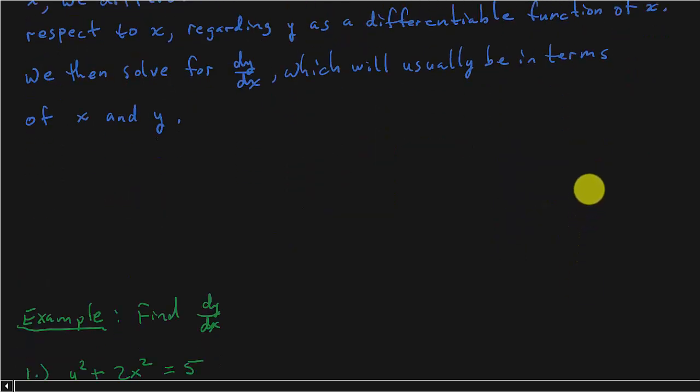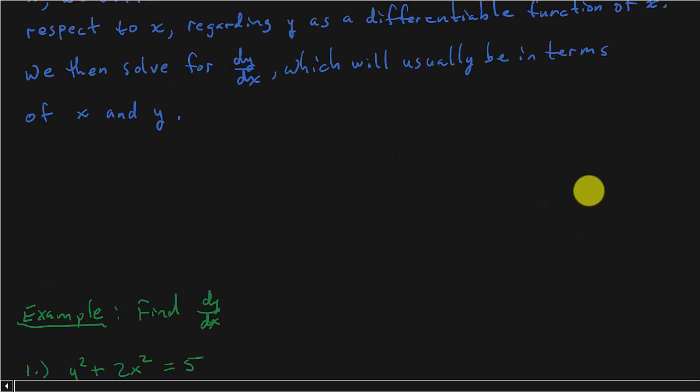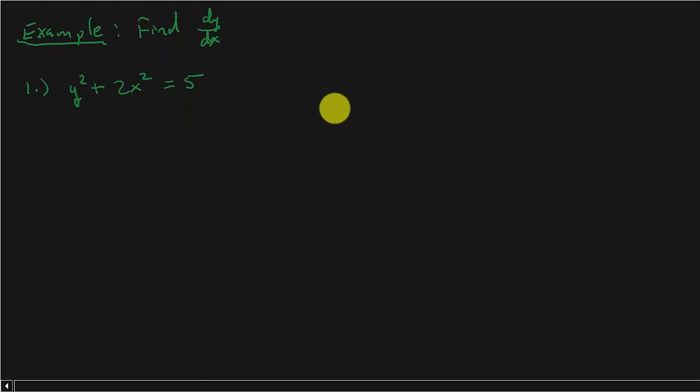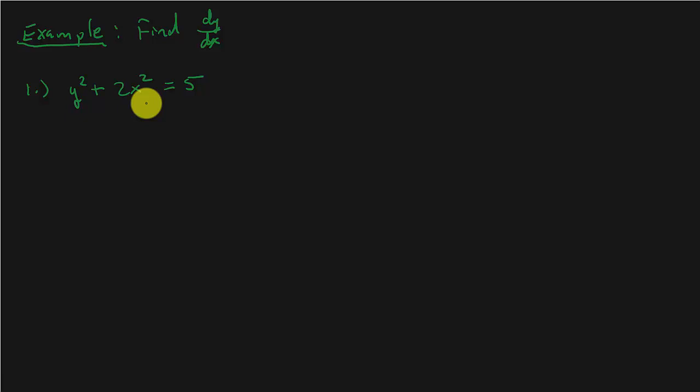Let's look at an implicit function. Here we have one. We want to find dy/dx. We've got y squared plus 2x squared equals 5, and we want the derivative of y with respect to x.